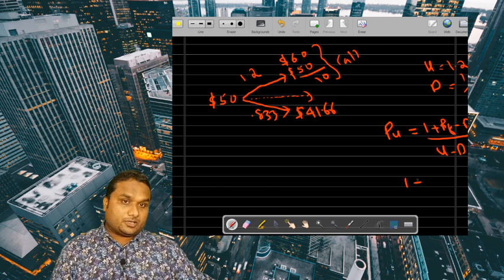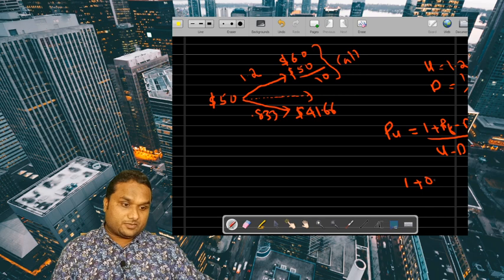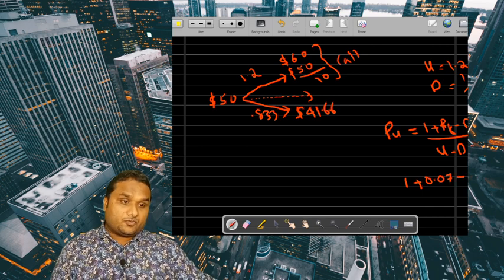The risk-free rate in our question is 7%, which is 7 by 100, which is 0.07. The downward is 0.8333, recurring.